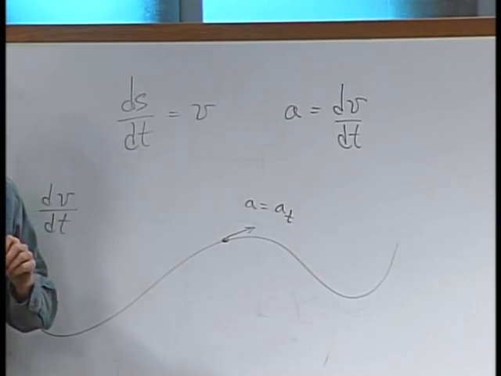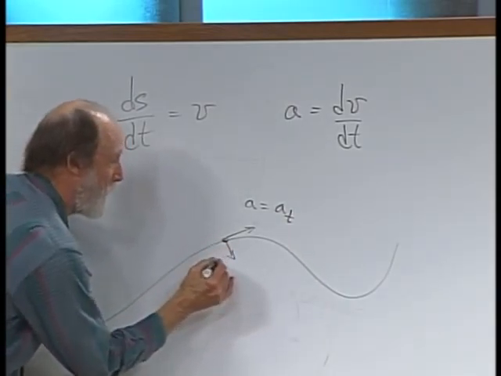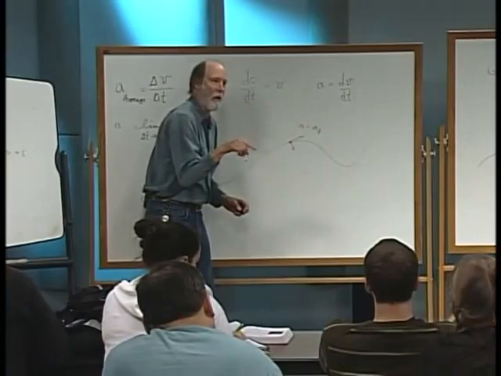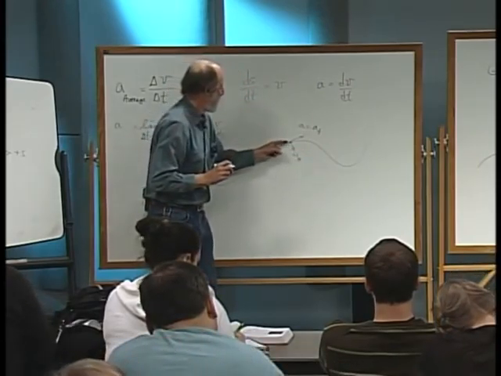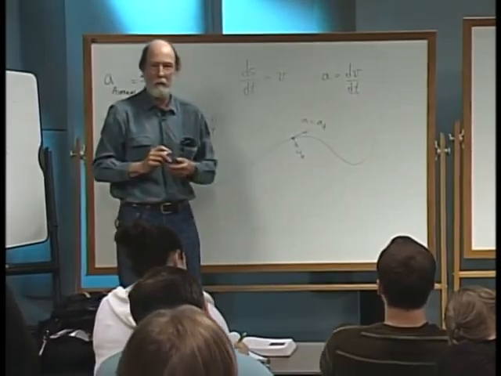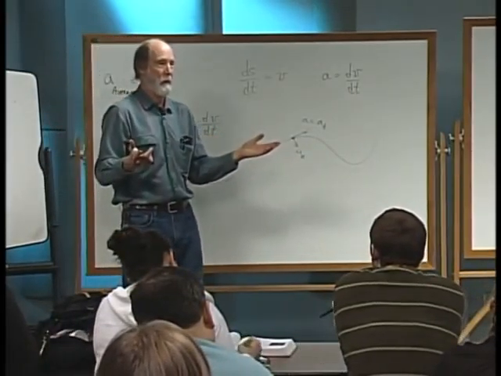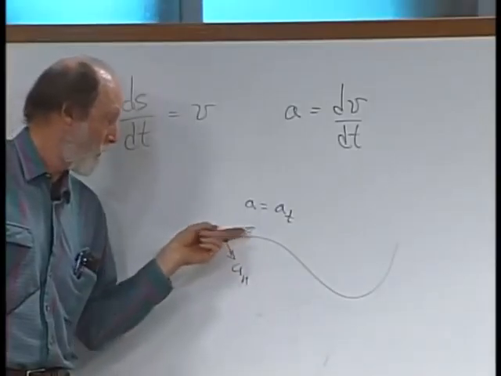And we'll study that a little later. That's going to be perpendicular to your motion, and we call that the normal acceleration, normal to the curve. And that's what is actually going to pull you through the curve. You wouldn't follow a curved path if there wasn't something pulling you to make you go that way.